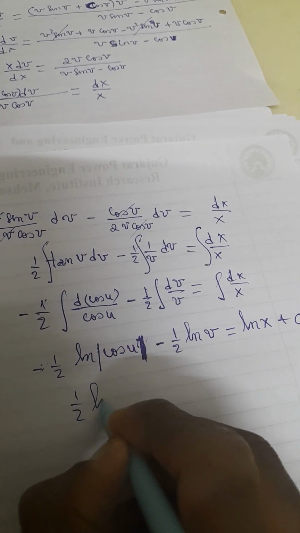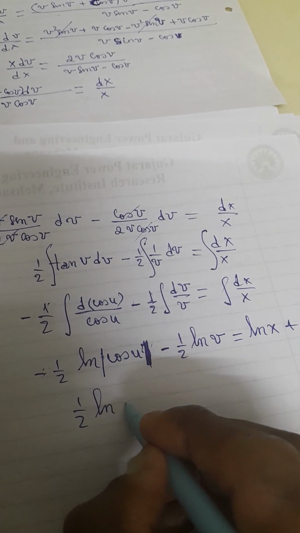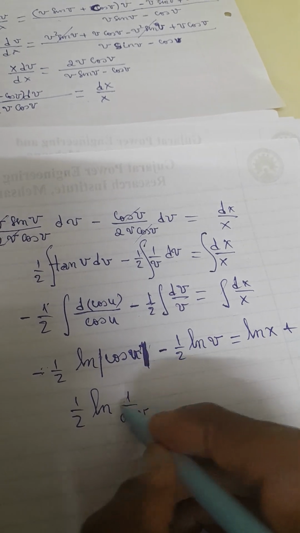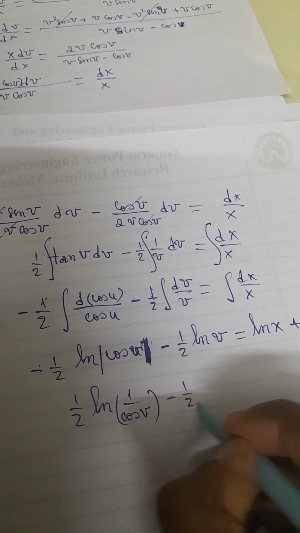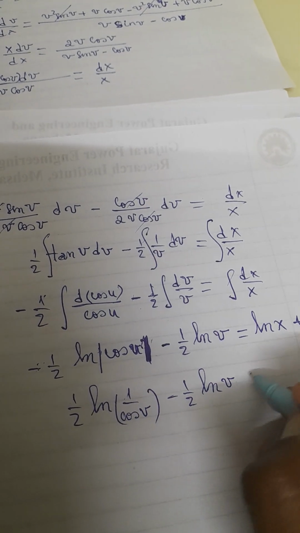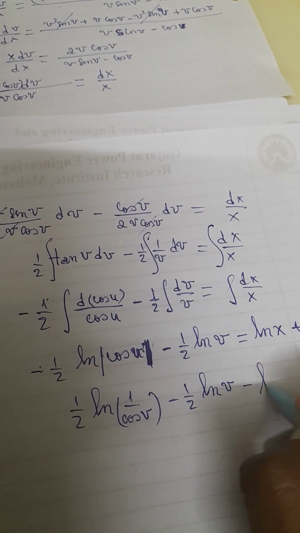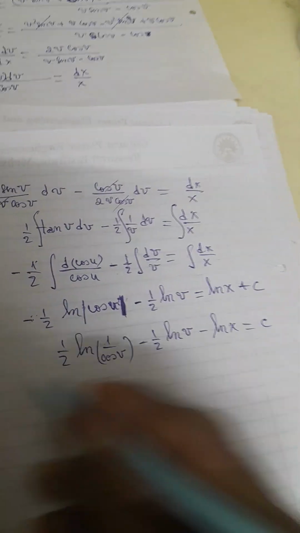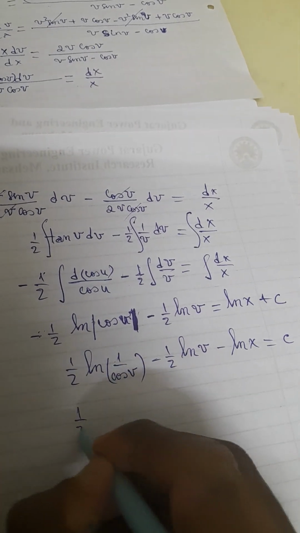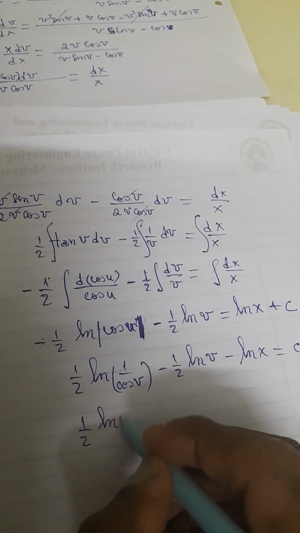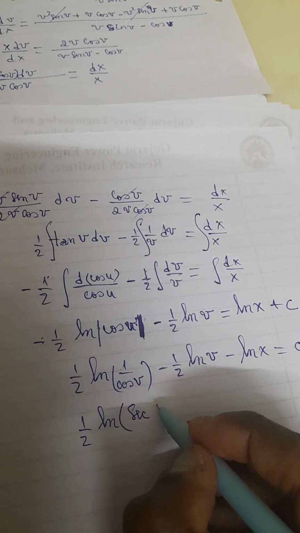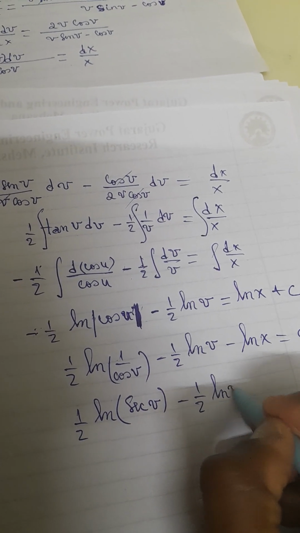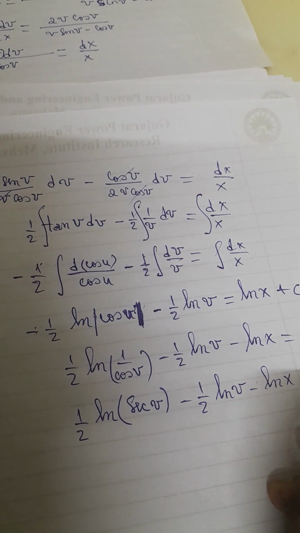So this will be 1 by 2 ln of 1 upon cos of v, minus 1 by 2 ln of v, minus ln of x equal to c. You can call it all together: 1 by 2 ln of sec of v minus 1 by 2 ln of v minus ln of x equal to c.